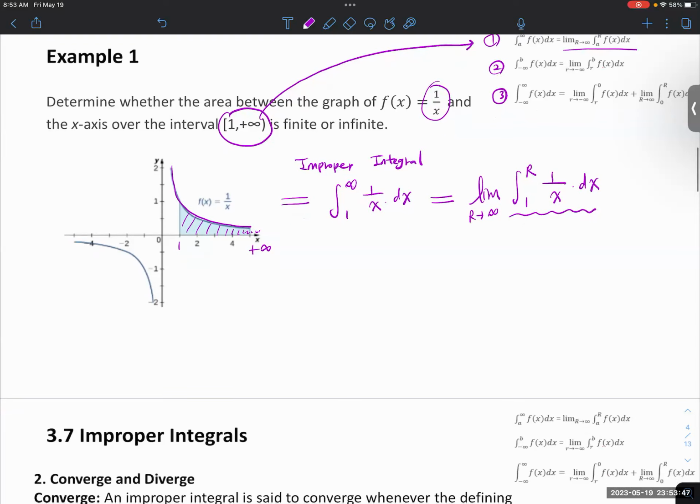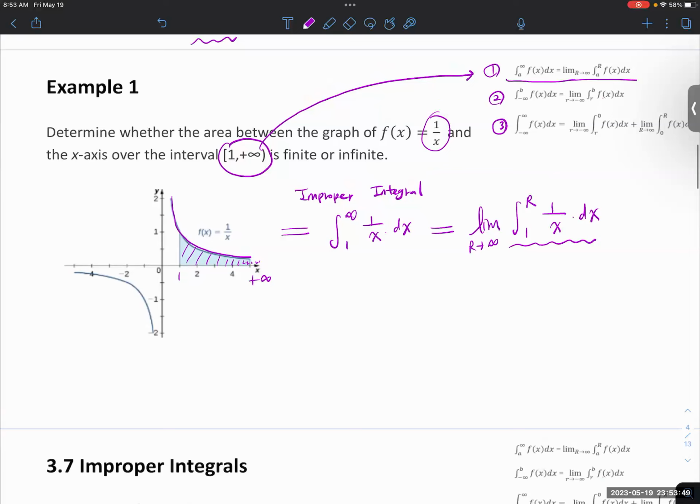So step-by-step work, corresponding to the given information. Now what happened? If you take the integral of 1 over x, do you guys remember? It is going to be ln x, correct? And then we have the area from 1 to r. You're going to take the limit as r approaches infinity.